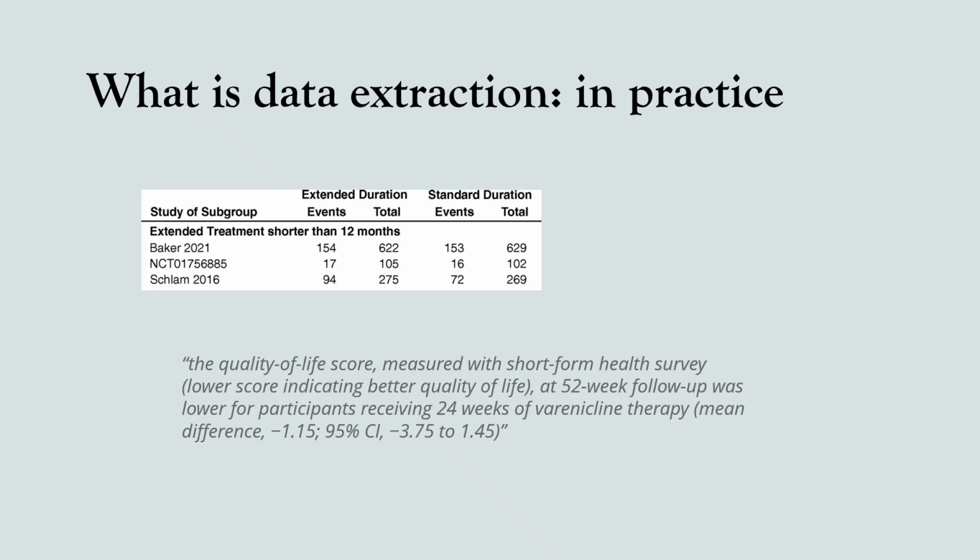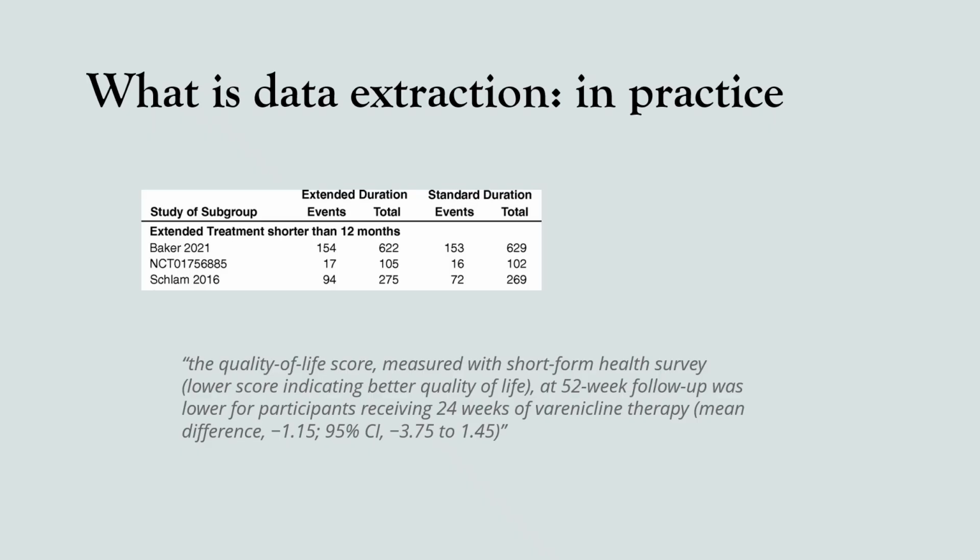Sometimes, studies also report effect size such as risk ratio or odds ratio and their confidence intervals, rather than the number of events and the number of total participants. These values can also be extracted directly if they are available.